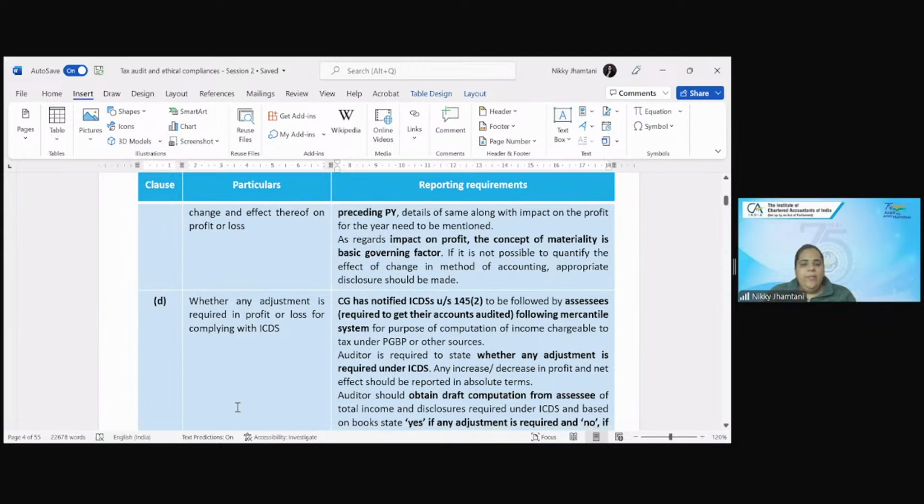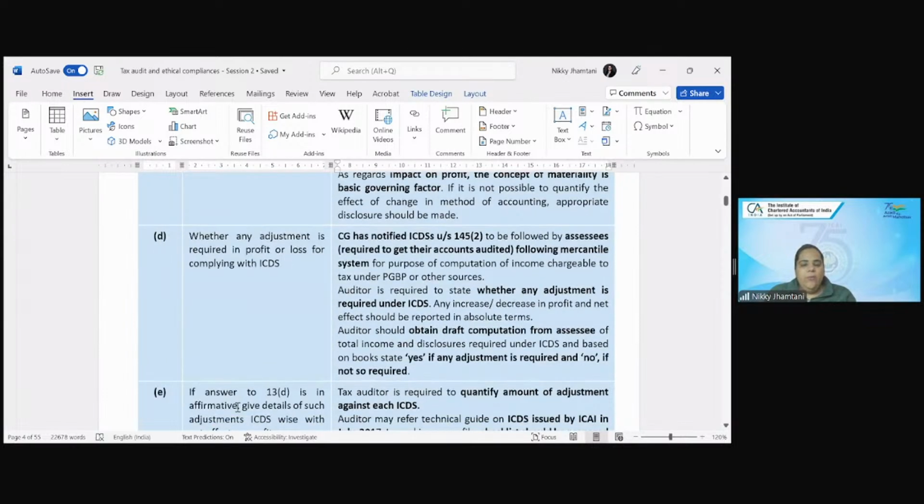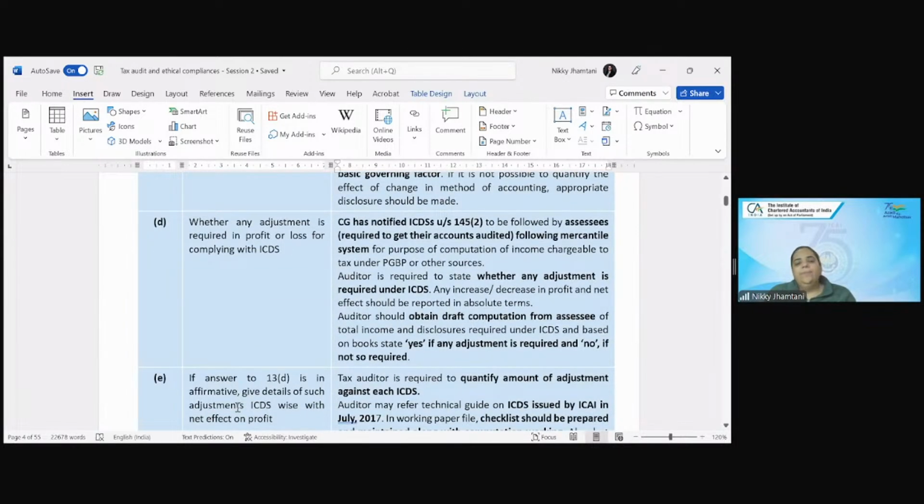D. Whether any adjustment is required in profit or loss for complying with ICDS. So central government has notified ICDS under 145(2) to be followed by the assessees required to get their accounts audited following mercantile system for the purpose of computation of income chargeable to tax under the PGBP or other sources.